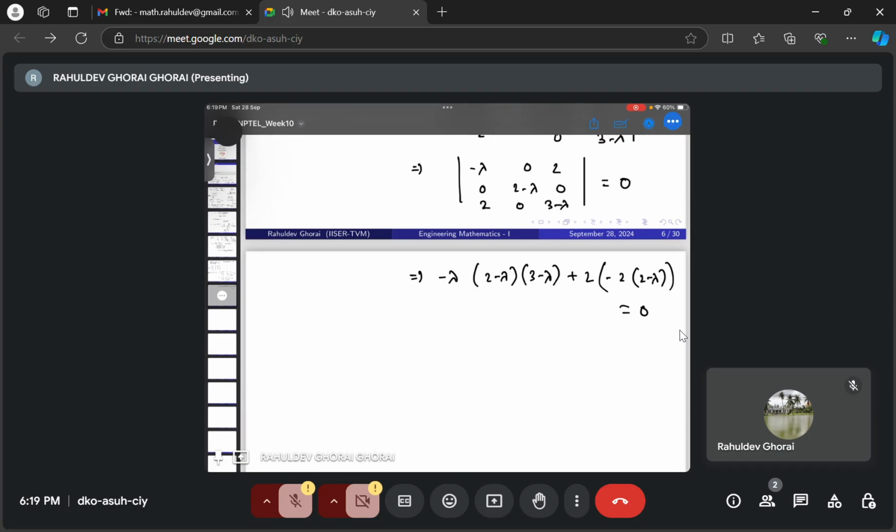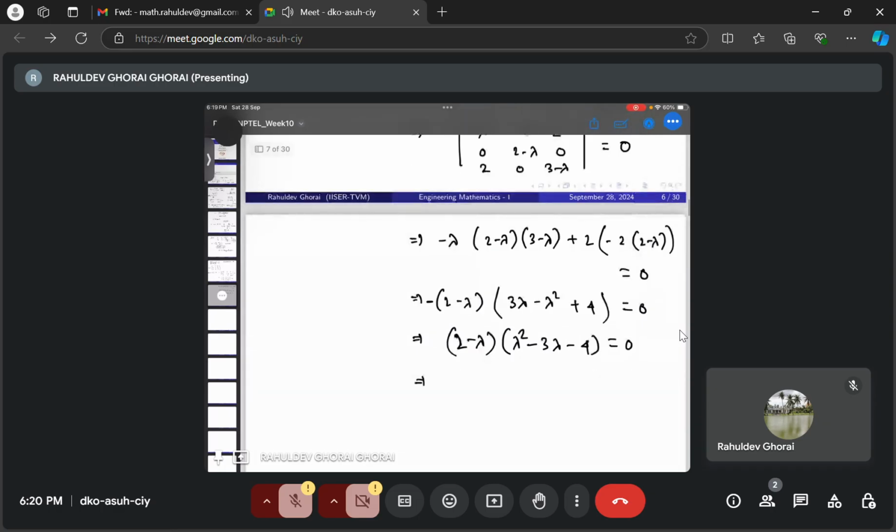If you take negative of 2 minus lambda common, what remains is 3 lambda minus lambda square, and it will be plus 4. That implies 2 minus lambda times lambda square minus 3 lambda minus 4 is equal to 0.